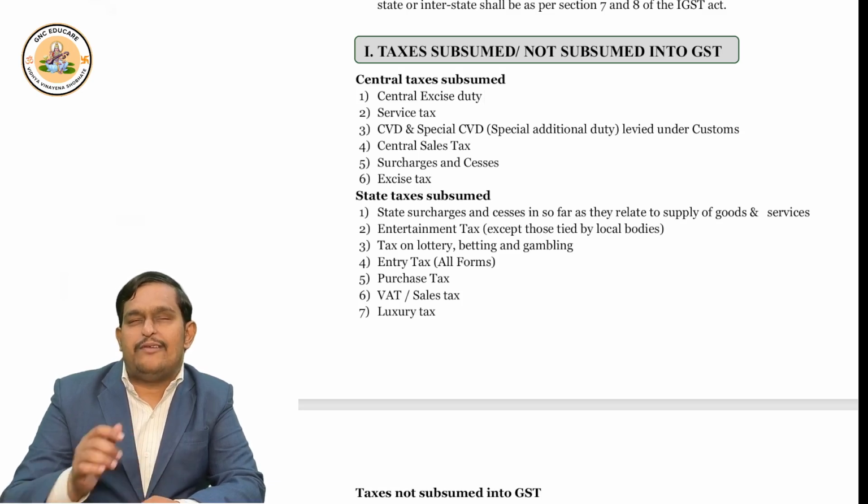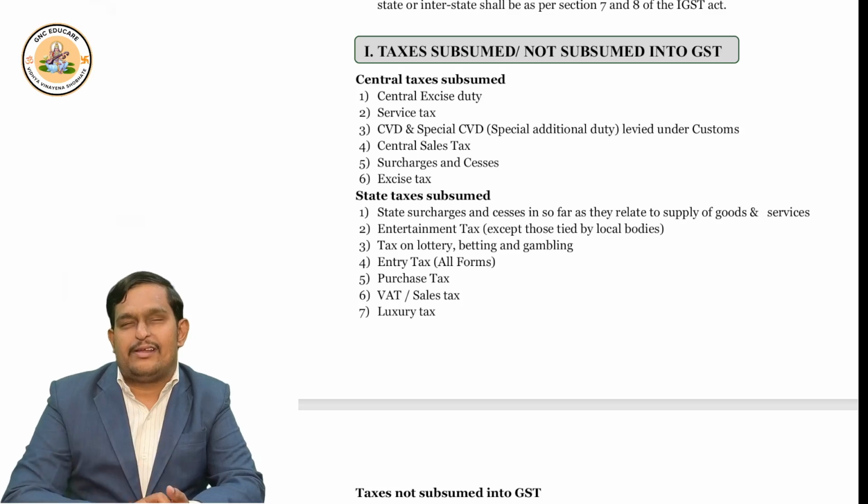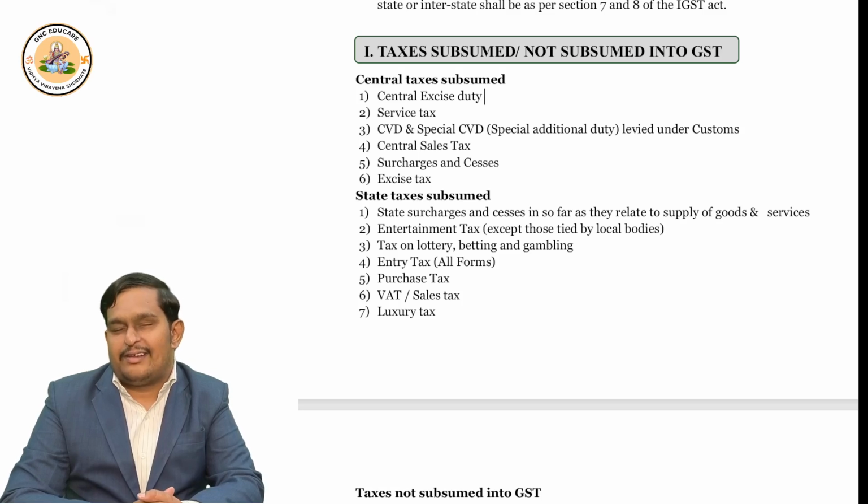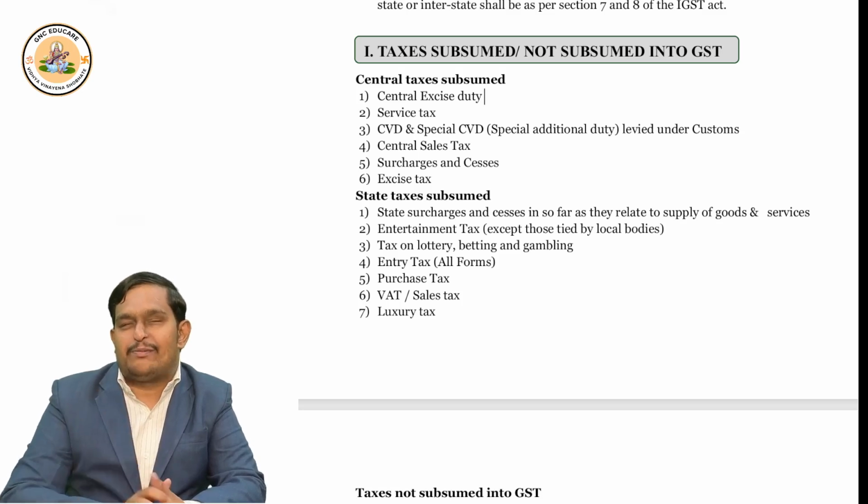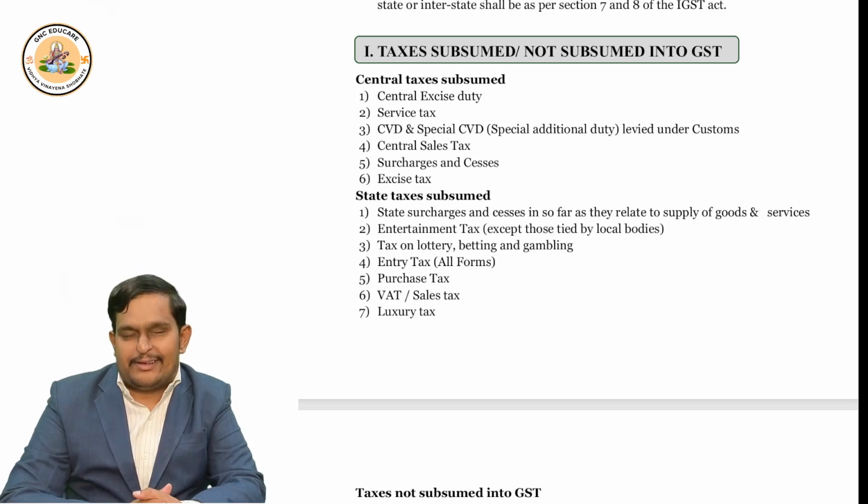The state government levied entertainment tax. If some entertainment event happened in the state, on concerts, on events, they levied entertainment tax. Even if you watched IPL matches before 2017, there was state-wise entertainment tax.